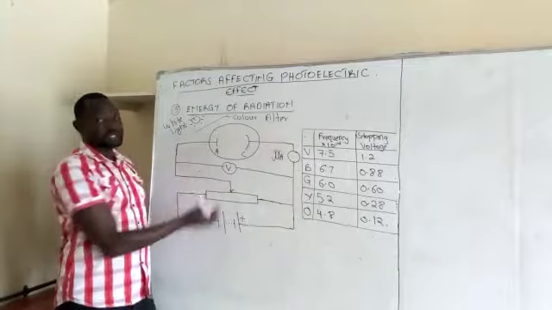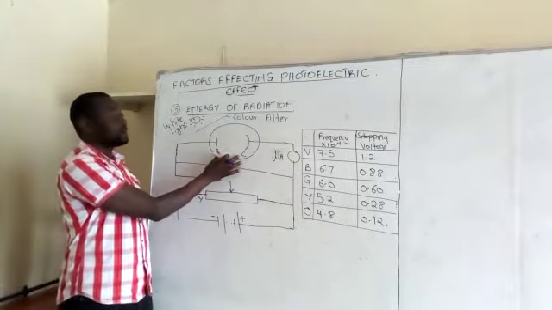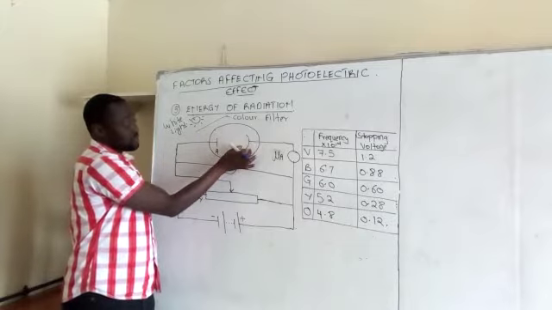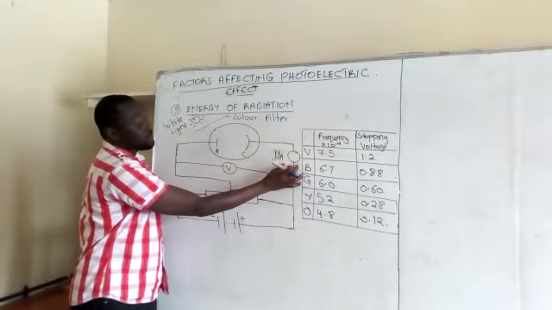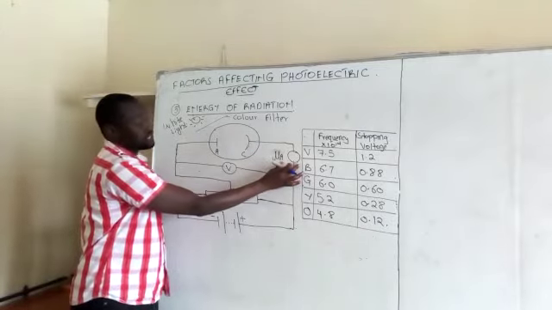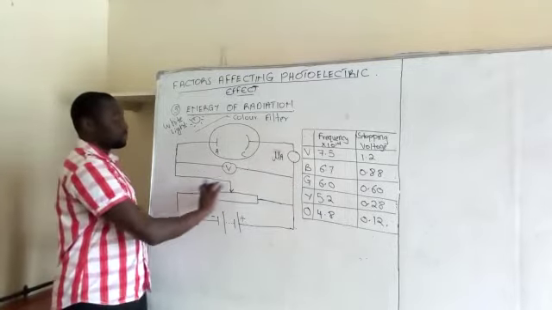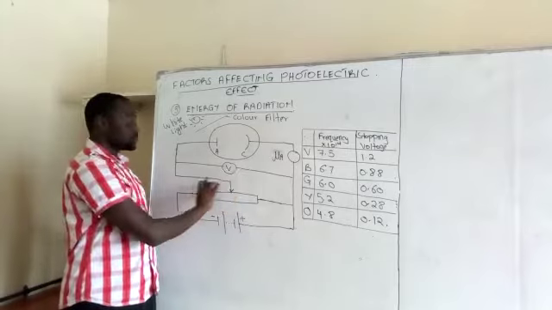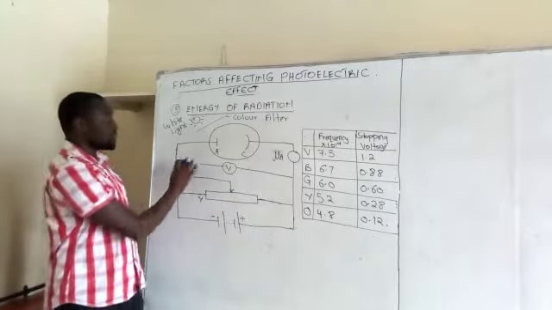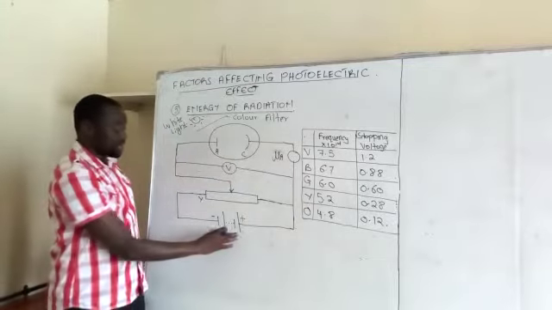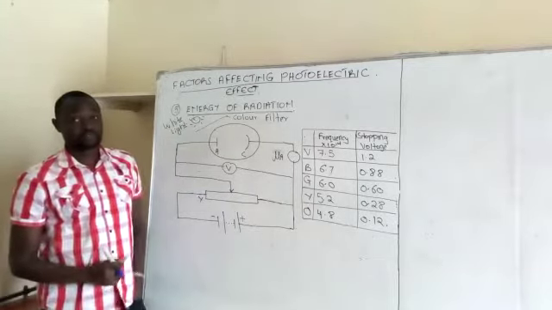In this circuit, we have a photocell here with the cathode, and we have a microammeter that is to detect very small currents. On it, we have a potentiometer which we'll use to vary the voltage across this setup. And then we have a source of EMF.